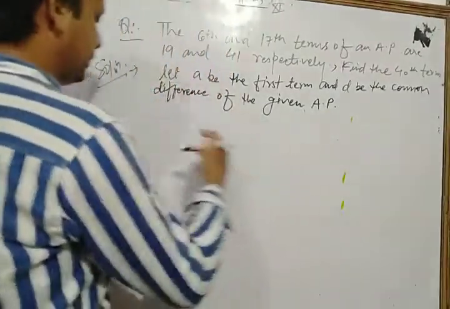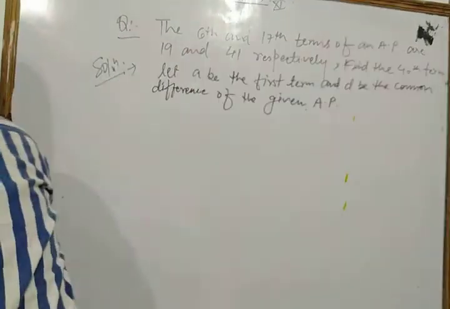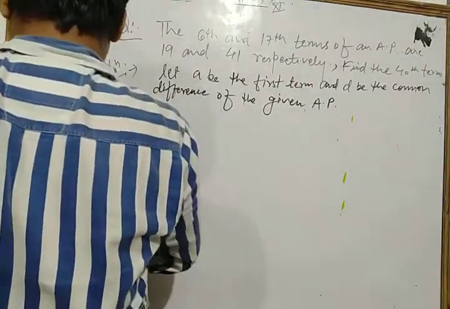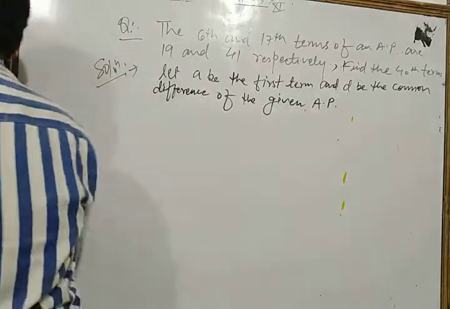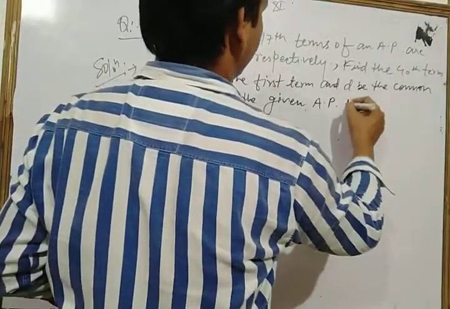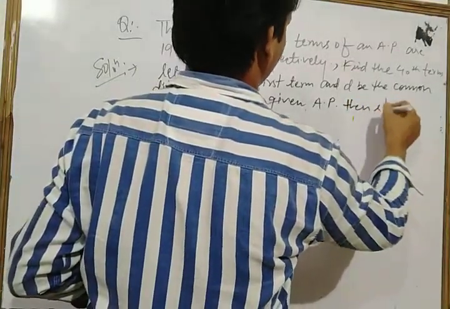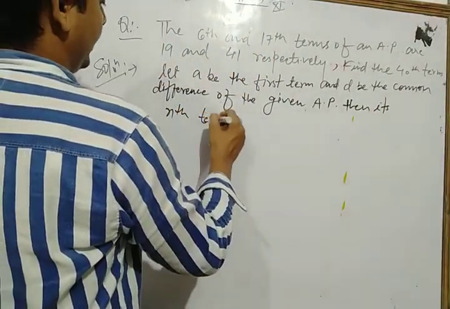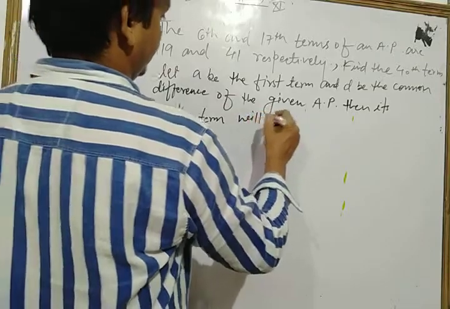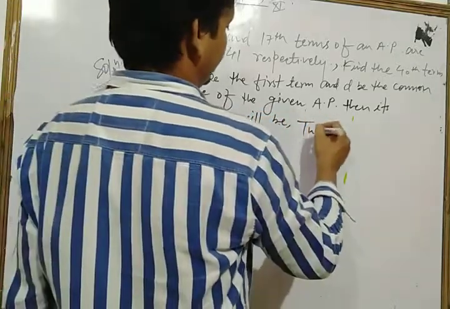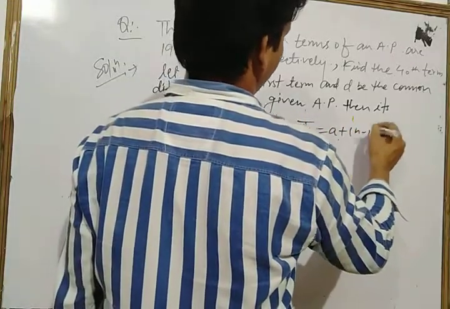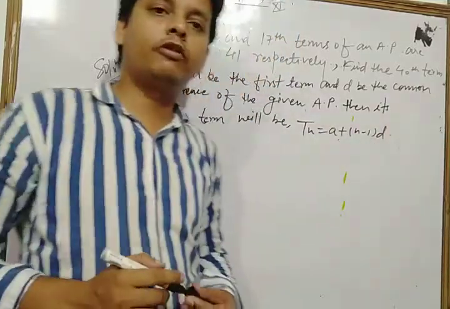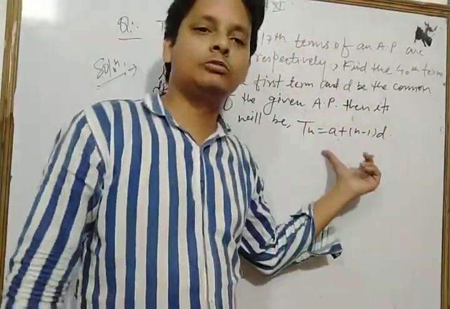Then its nth term will be Tn is equal to A plus n minus 1 into D. This is the formula to find the nth term of an AP.